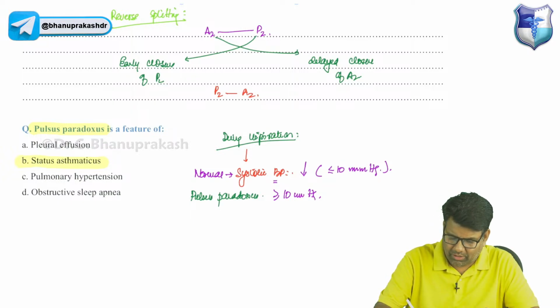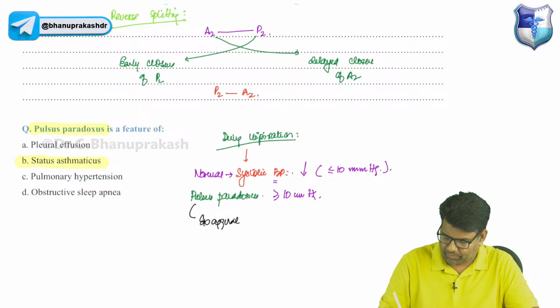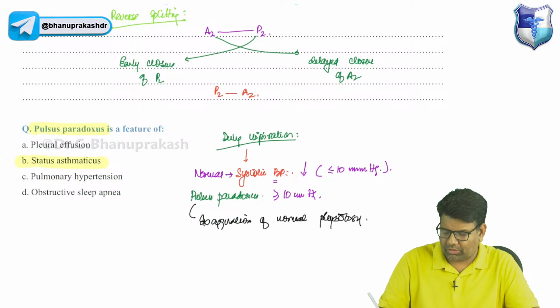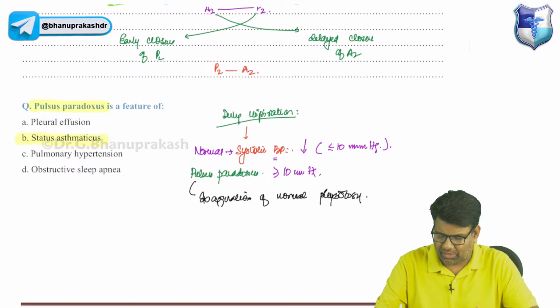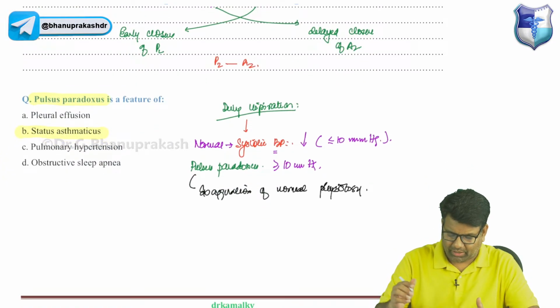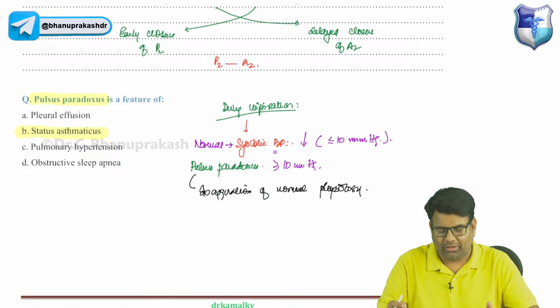So in simpler words, there is an exaggeration of normal physiology. The normal physiology we have discussed has become a little bit more exaggerated, and that is pulsus paradoxus. Now, what is the paradox over here?